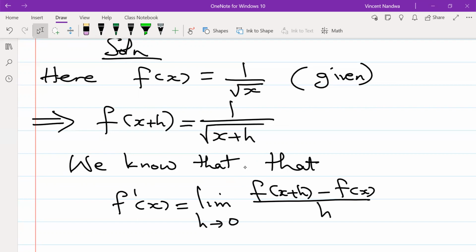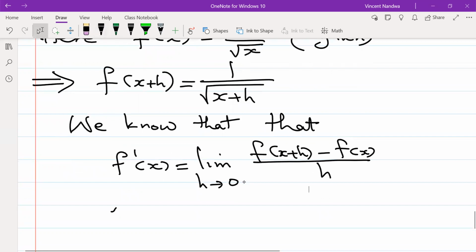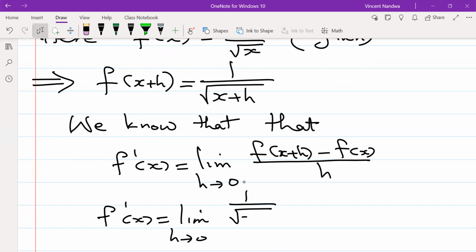Okay? Yeah. So which means we are going to have f prime of x is limit as h approaches 0 of 1 over square root of x plus h minus 1 over square root of x, over h.